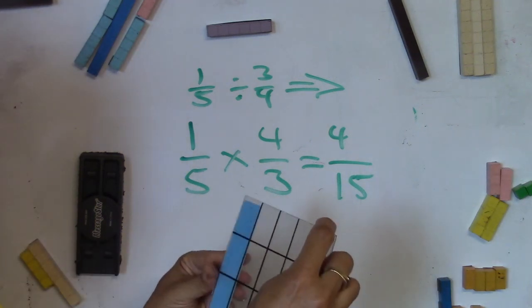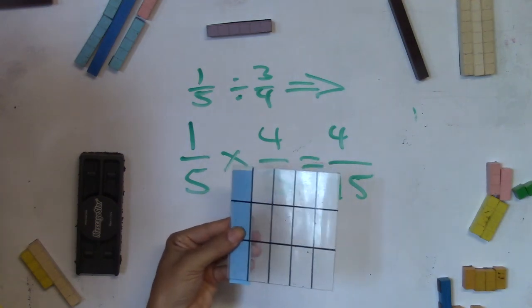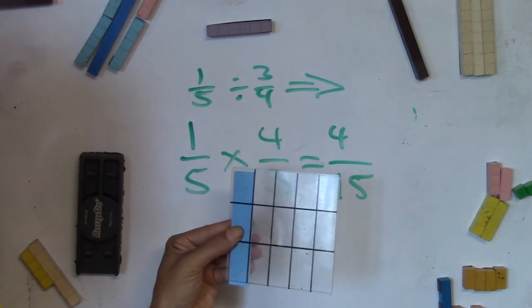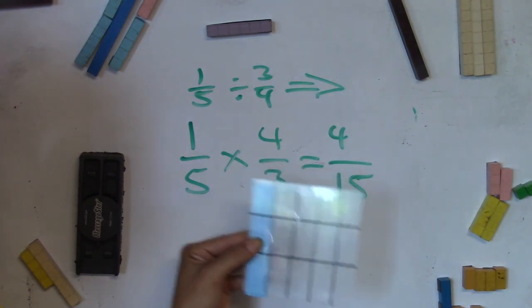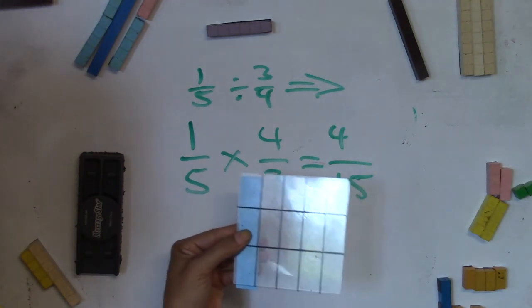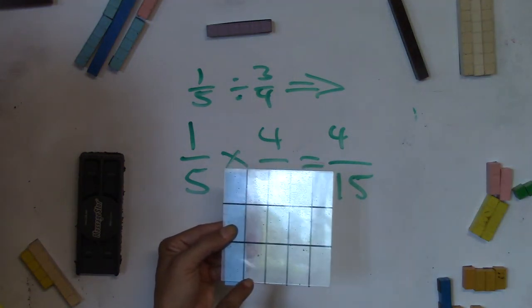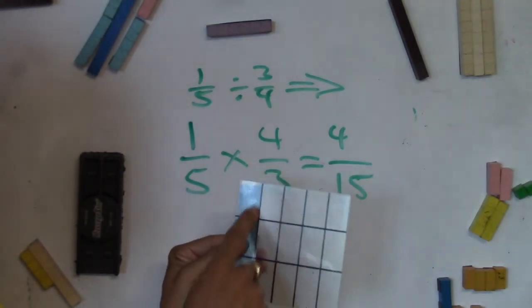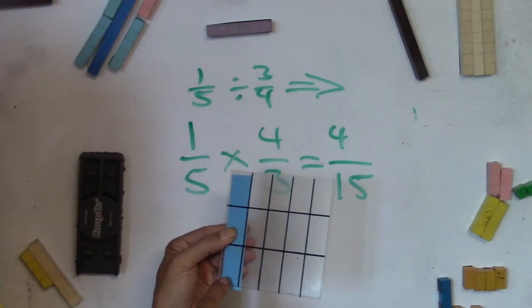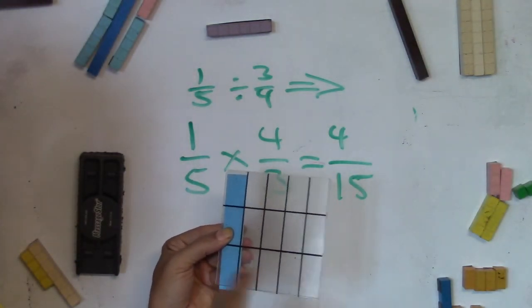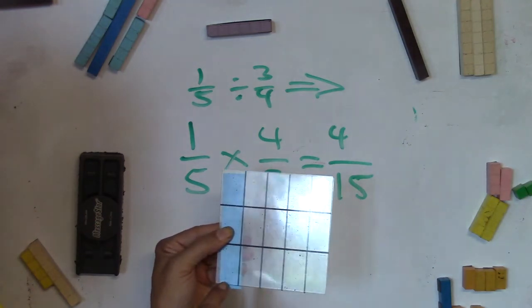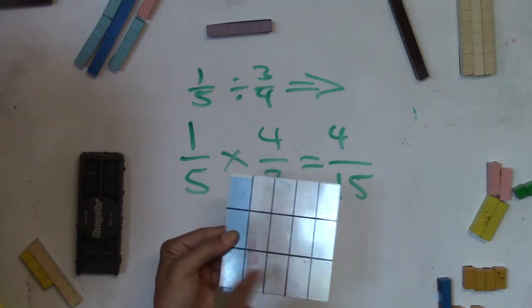How about that? Three. You see? I have 1 of 5, and then I have my 3s there. So I have 15, but I gotta go up 4 of 3. Uh-oh.